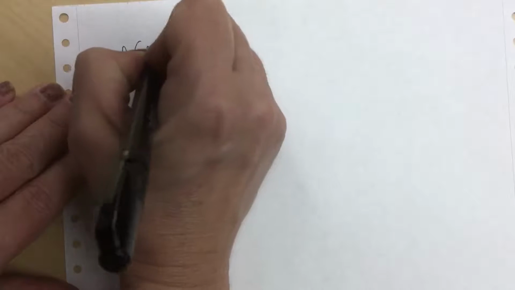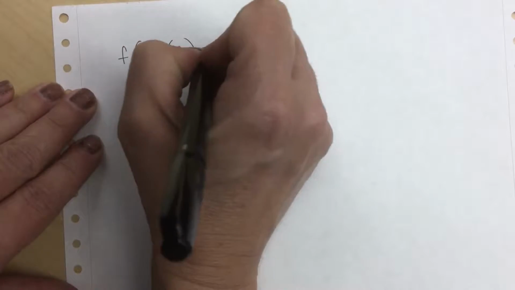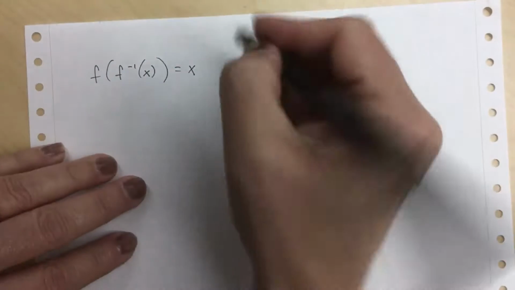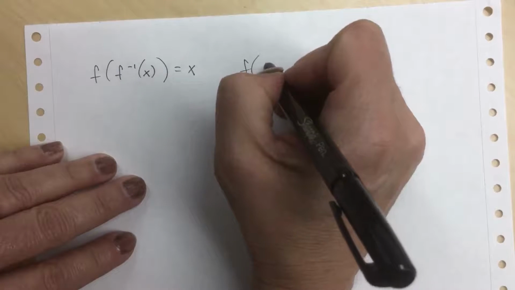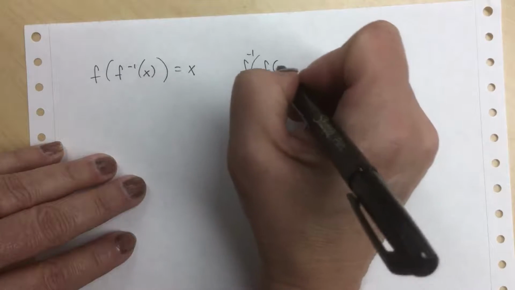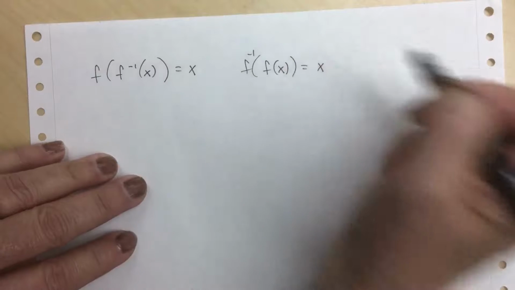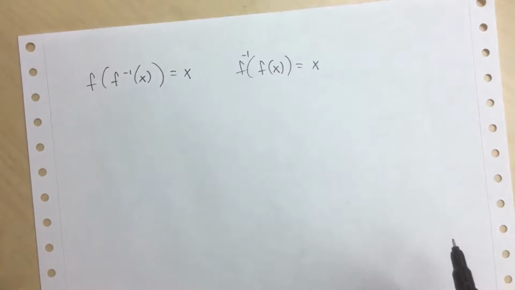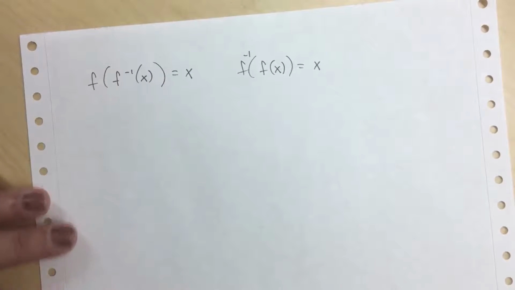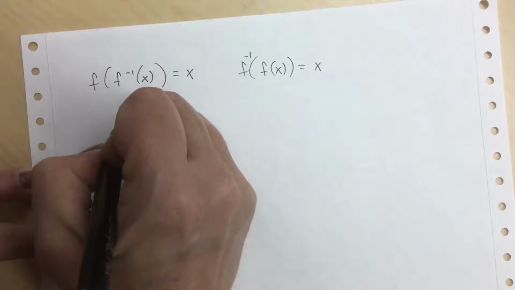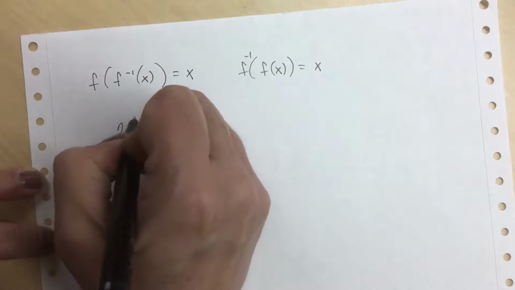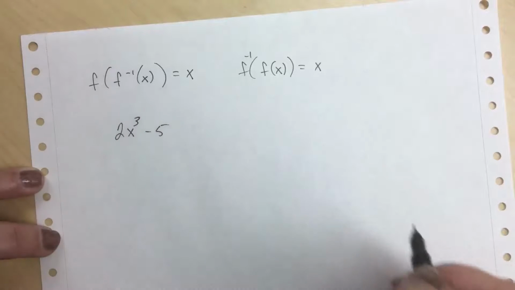So f of f inverse of x will always be x, and f inverse of f of x will also always be x. They completely undo each other. So let's say you just had something as simple as 2x cubed minus 5.